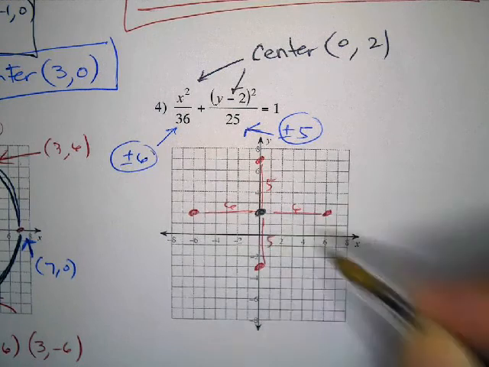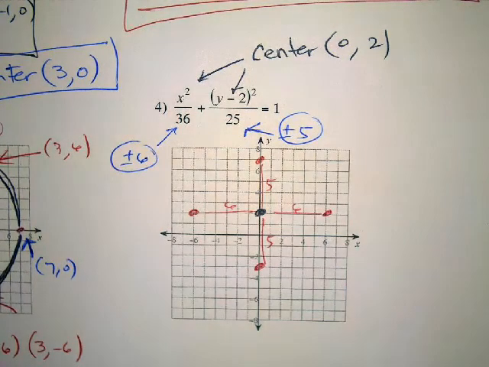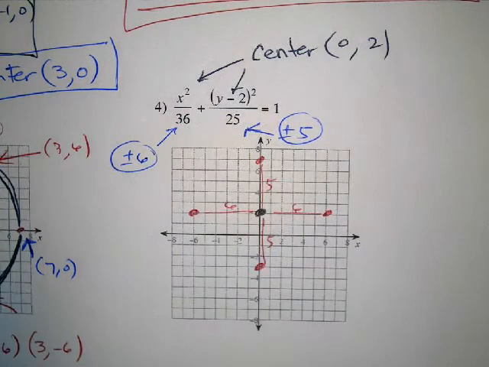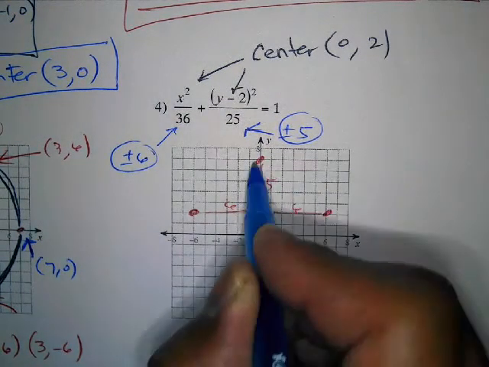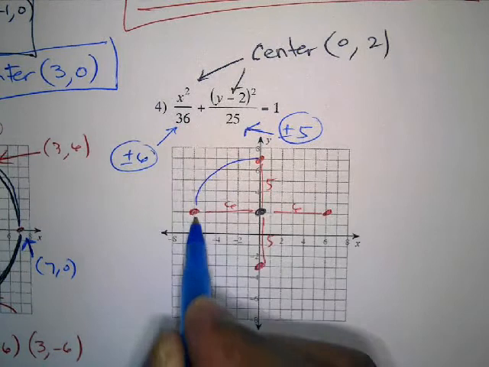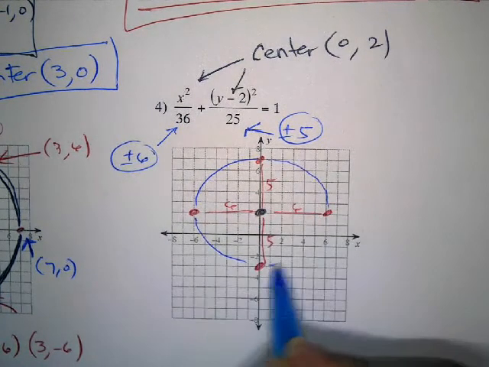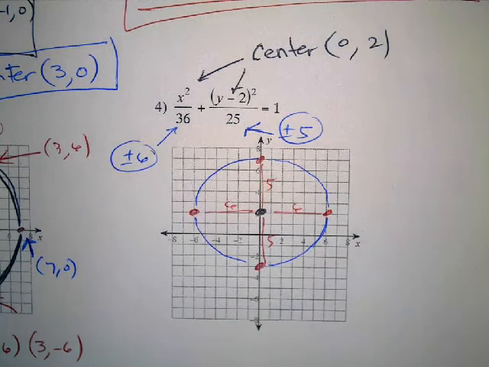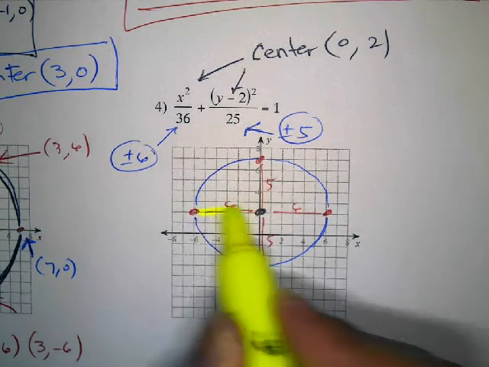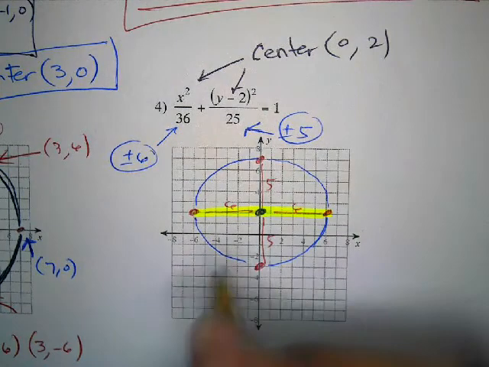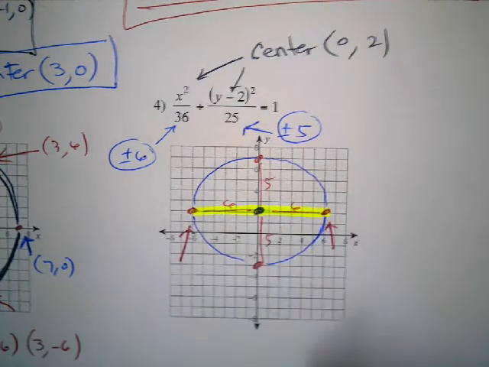All right, so I went 6 this way and 6 this way, and then I went 5 that way and 5 that way. It is not a circle, right? Because they don't have the same distance around. That's why these are ellipses. This one, the major axis is this way, because this one's longer.